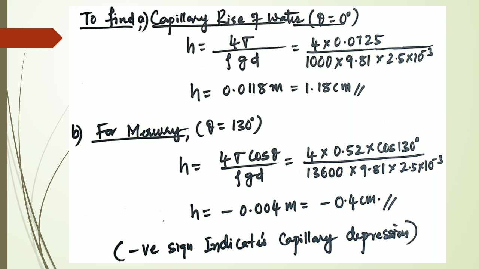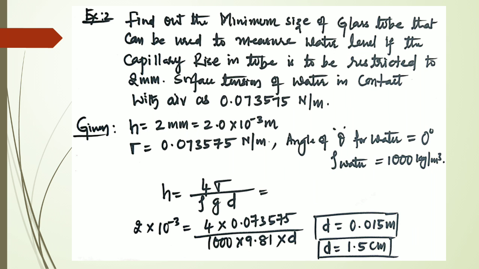Whatever values come, if positive it is a capillary rise, and if negative it is capillary depression or capillary fall. So that is the simple problem regarding capillary rise. Now let us understand another problem on capillarity.